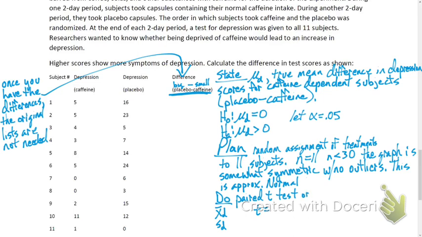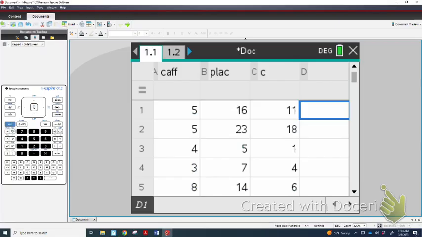I didn't write the formula, so that is x bar d minus mu d over sd over square root of n. So as I said before, you don't have to write the formula, you can just write the name of the test. So grab the calculator again.